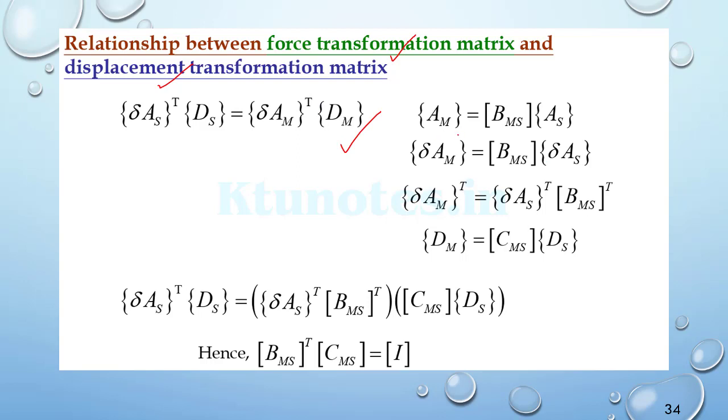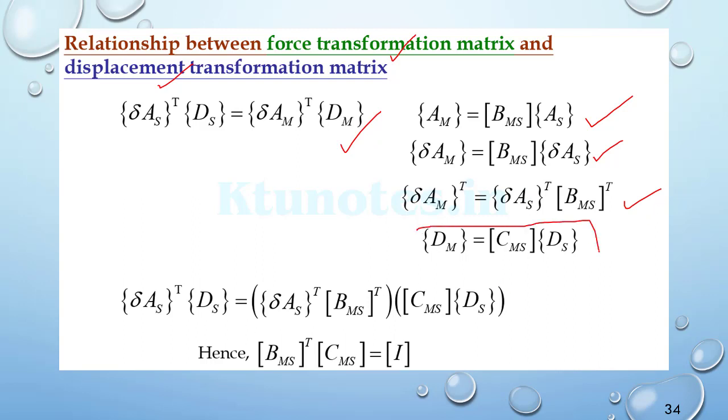These are the corresponding values. AM is equal to BMS into AS, and delta AM is equal to BMS into delta AS, which is the force transformation matrix. Delta AM transpose is equal to delta AS transpose into BMS transpose.